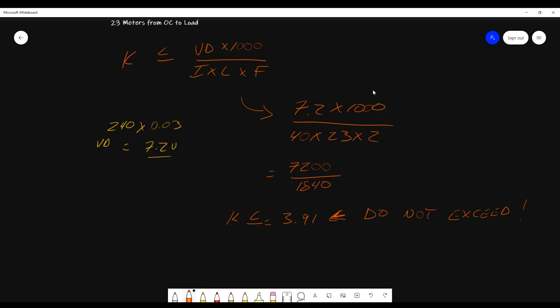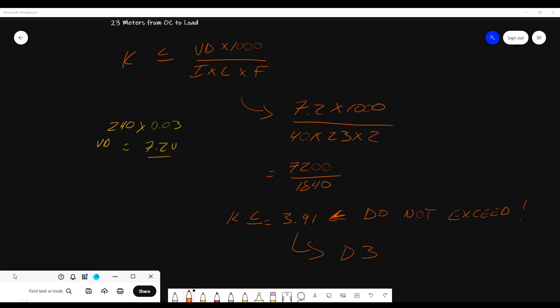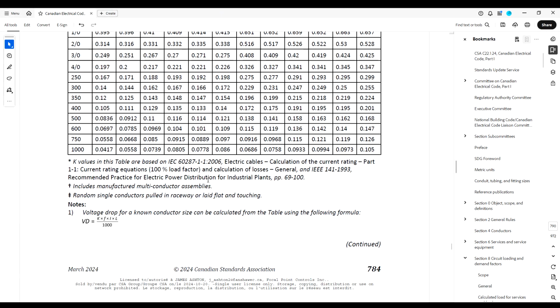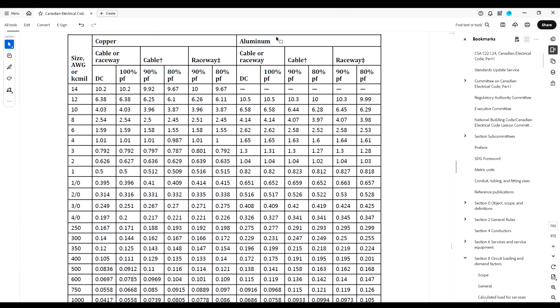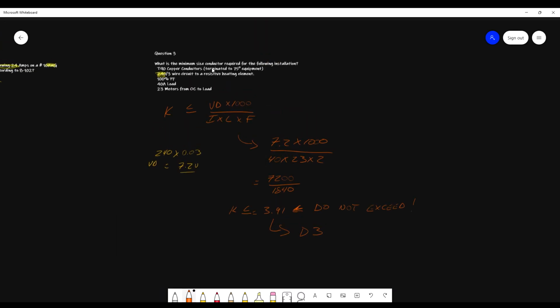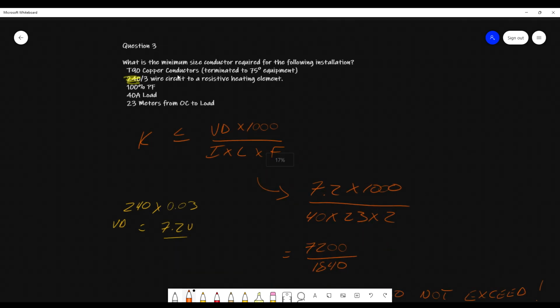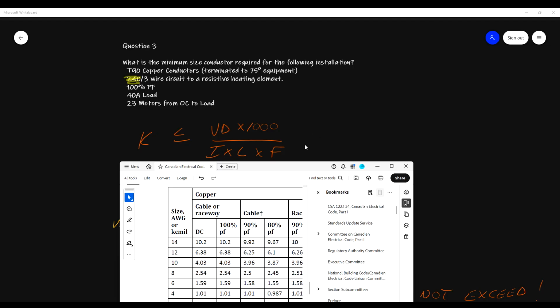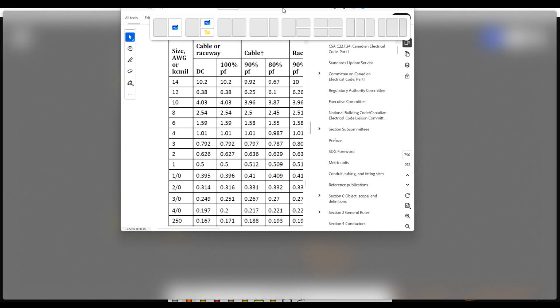Okay, so what do we do with this? Let's go look at D3 and find a value that is equal to or less than 3.91. This is going to tell us our minimum conductor size. We're using copper, T90 conductors, in a raceway with 100% power factor.